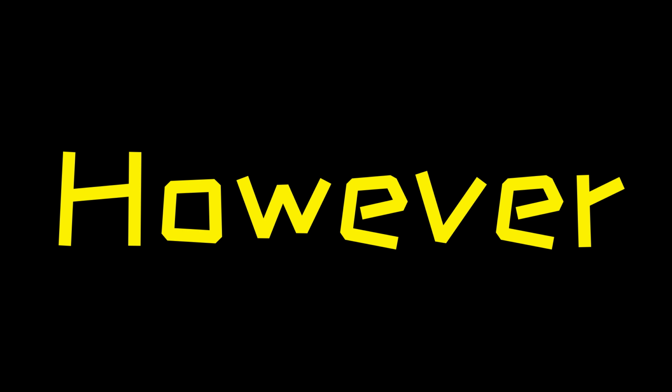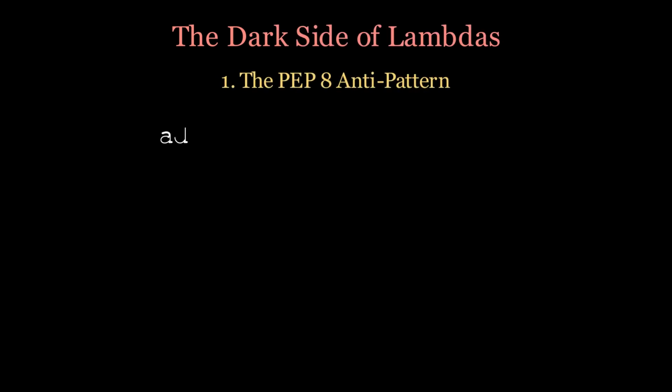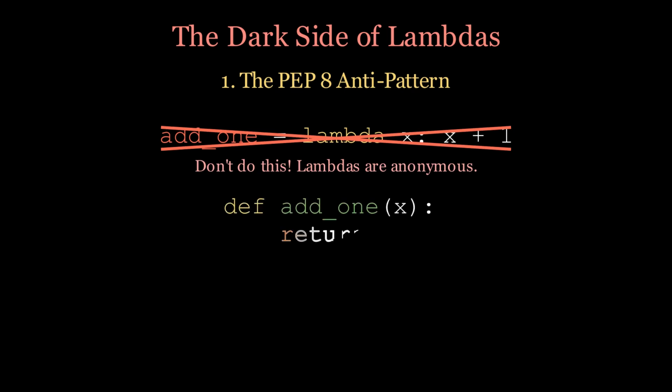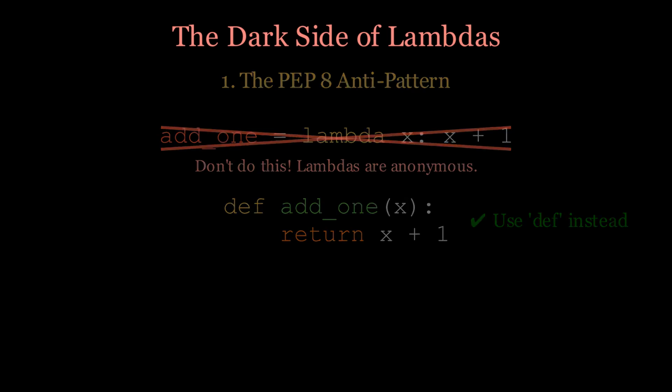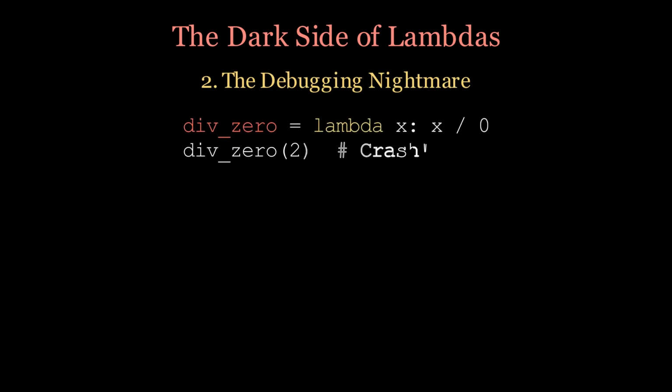However, you shouldn't be heavily dependent on Lambda functions. There are various reasons. The first and foremost reason is you shouldn't assign a lambda to a variable. According to PEP 8, the Python style guide, it strictly says that if you're giving a function a name, you should just use a standard function, because it's easier to handle a standard function than a lambda.